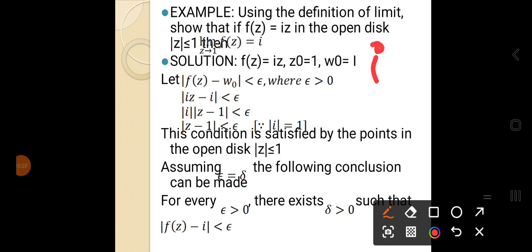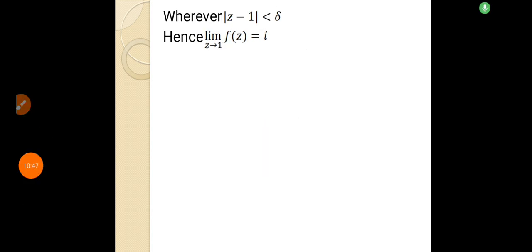We consider epsilon equal to delta, so whenever modulus z minus 1 is less than delta, modulus f of z minus i is less than epsilon.